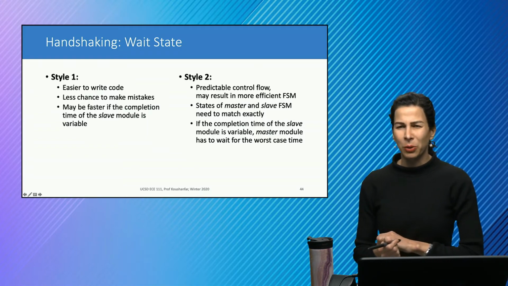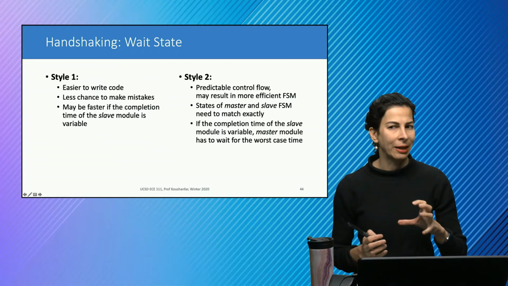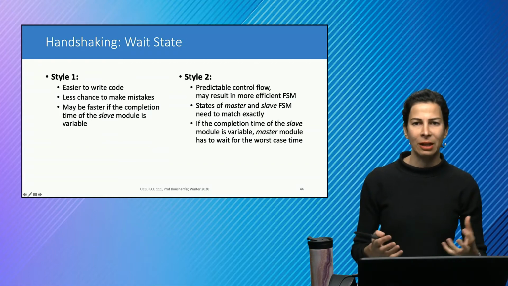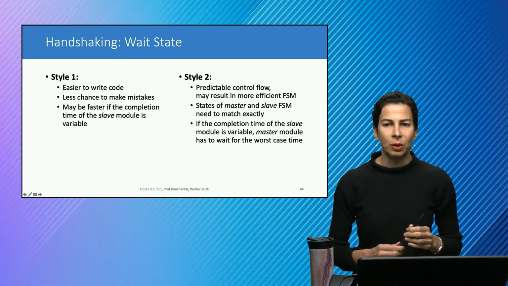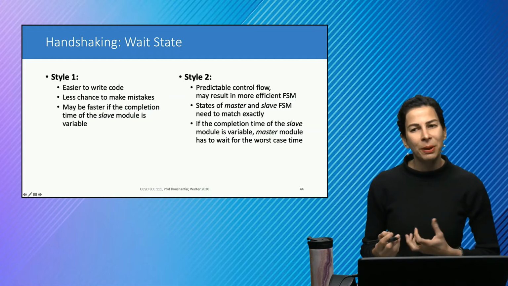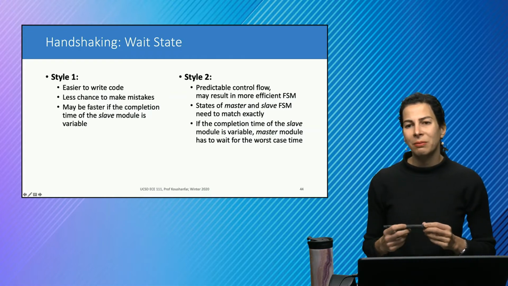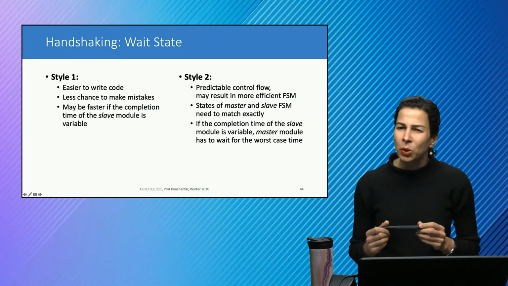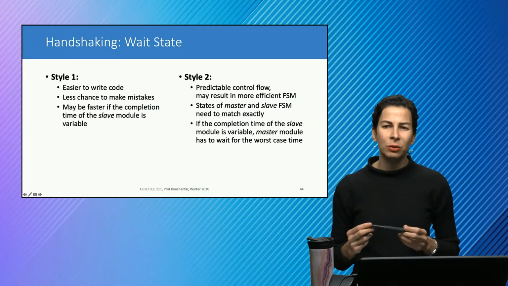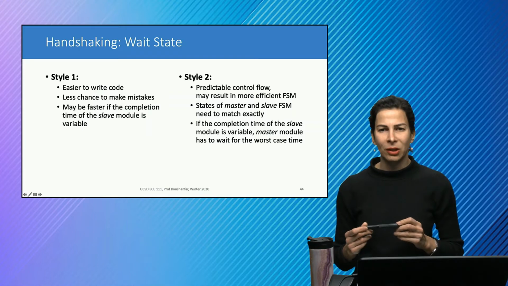But if we know exactly how many cycles it is going to take for the slave module to finish, then it's better to have a predictable control flow, and you may be able to write a better controller, similar to the ALU controller that we've seen in the last lecture.